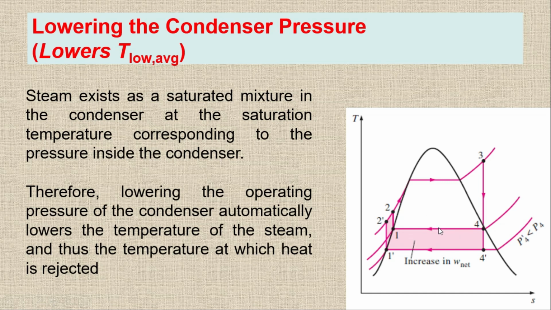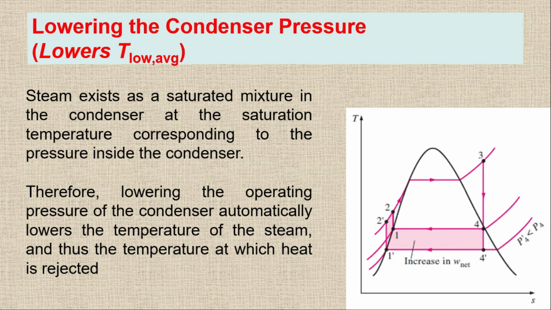So let's suppose we change the pressure, because the temperature is attached to the pressure. So instead of stopping the turbine operation somewhere here, we are going to decrease the condenser pressure. This is the turbine exit and this is the condenser entry. Therefore lowering the operating pressure of the condenser automatically lowers the temperature of the steam, and thus the temperature at which heat is rejected.